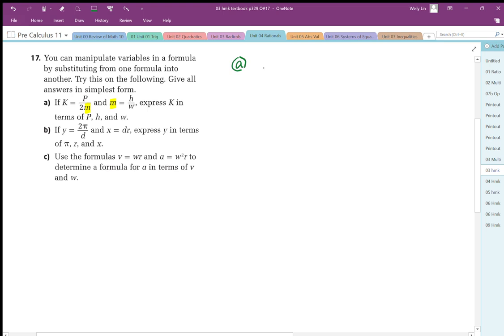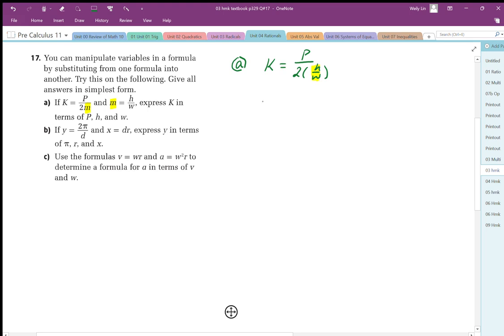So I'm going to start with the expression K equals P over 2, and instead of using M, I'm going to replace the M with an H over W. Okay, so that is the replacement for the M value, and then I simplify this expression.